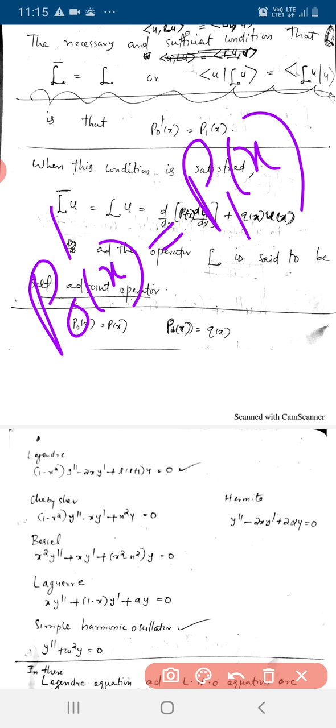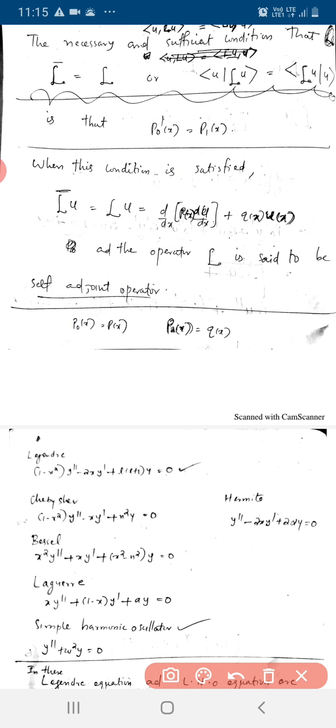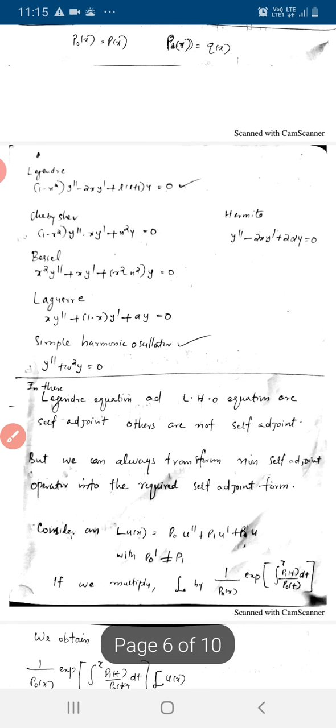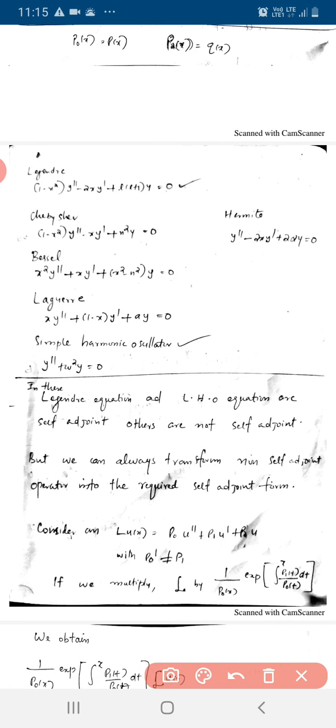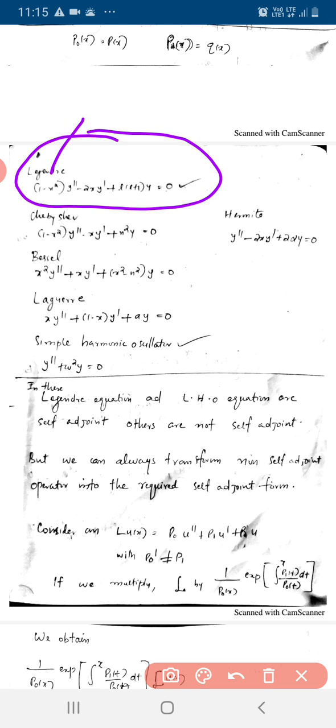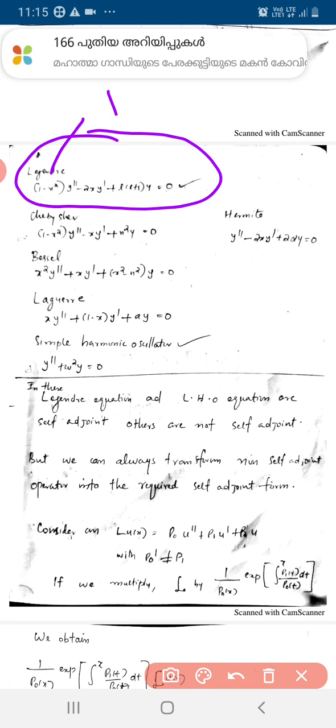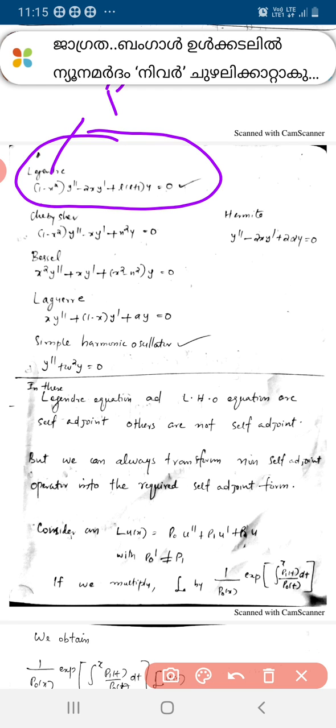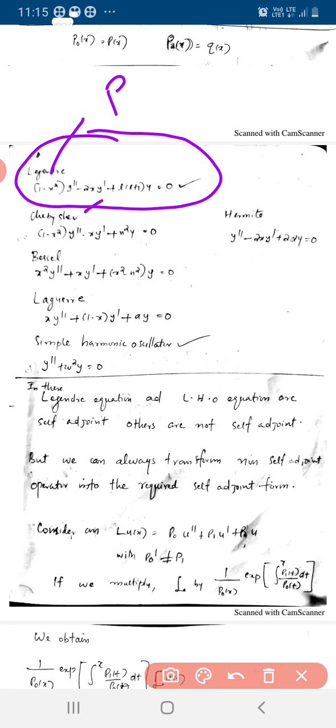Now we have so far studied many differential equations. One is the Legendre equation. For the Legendre equation, we can very easily see here we have 1 minus x square, that is our P0 of x, and here we have P1 of x, that is minus 2x.